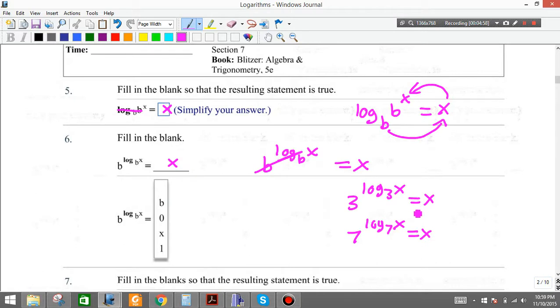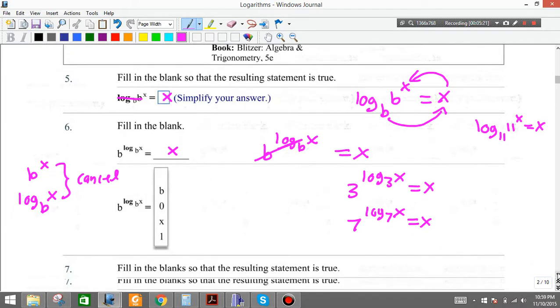They just cancel each other out. And up here, log base 11 of 11 to the x is just x. The exponential and the log base b of x are inverses, so they cancel each other out when you put one inside of the other.